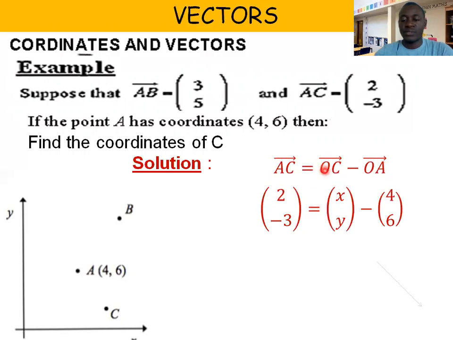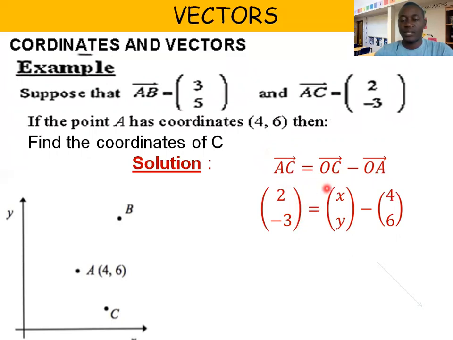But having established the various steps explained, there is no need to go through all those. So we know that it is simply going to be the position vector of the leading letter minus the position vector of the letter behind. So that would be OC minus OA. So my AC is the column vector (2, -3).